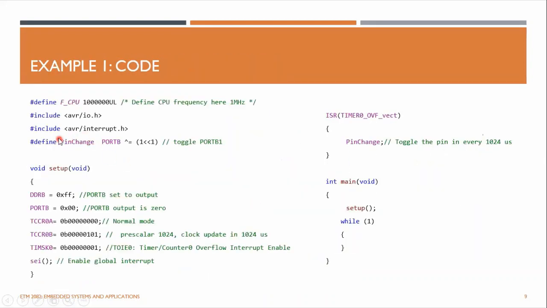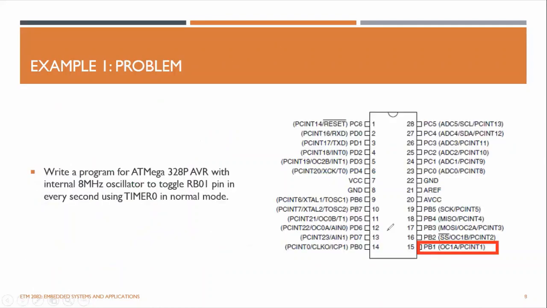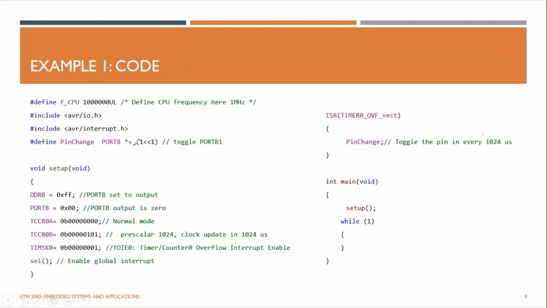Since you are using interrupts, you have to include this interrupt service header library. And this PB1 pin, this is that one, right? If you want to toggle, you change the state from high to low. If it was low, then you change it to high, and if it is high, then you change it to low.